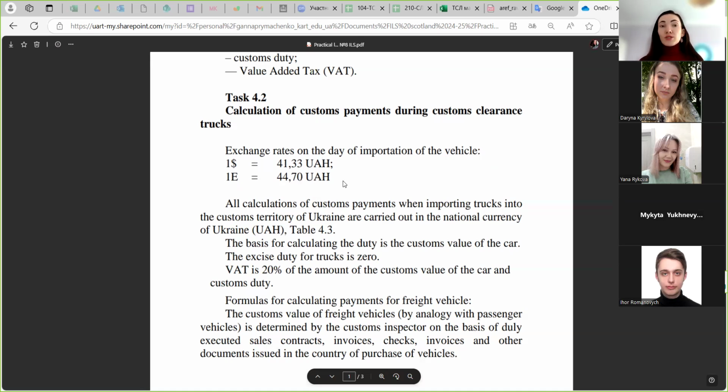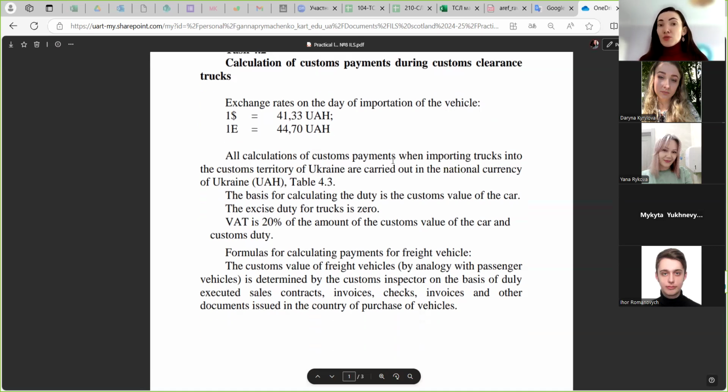We use the same parameters today. All calculation of customs payments when importing trucks into the customs territory of Ukraine is carried out in the national currency of Ukraine. So we need to use these parameters for our calculations.